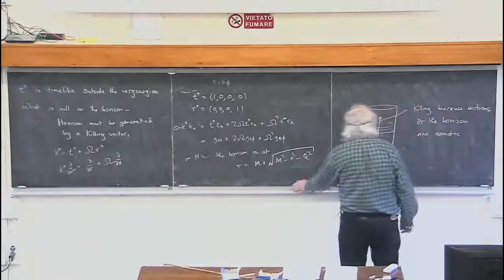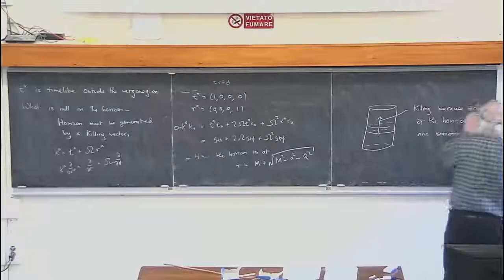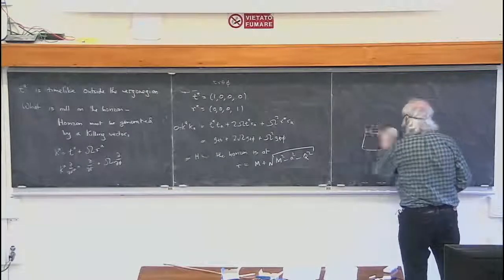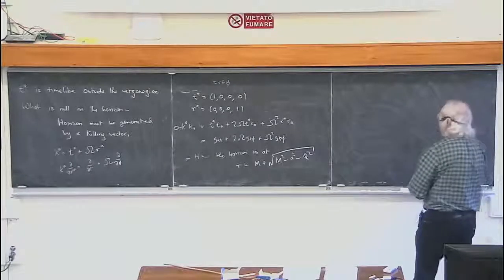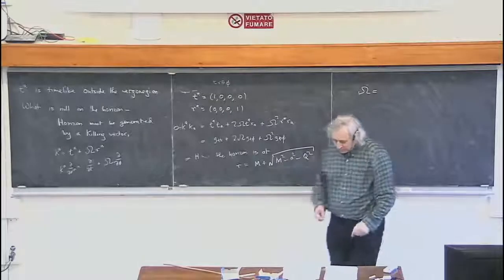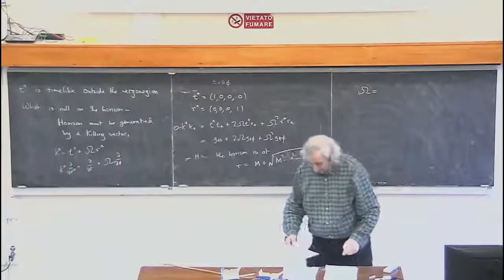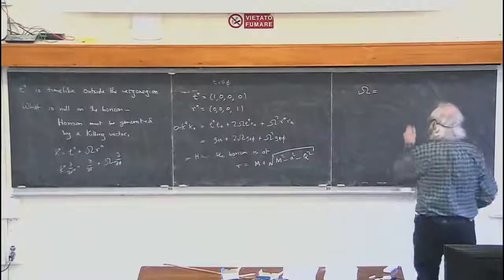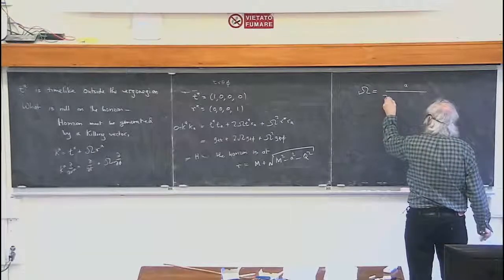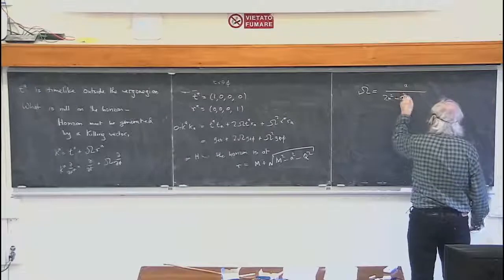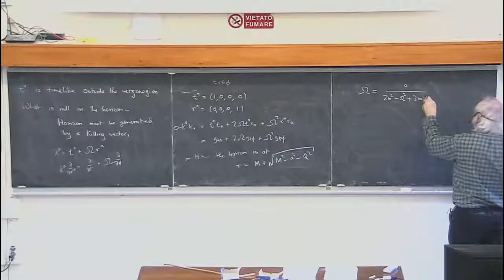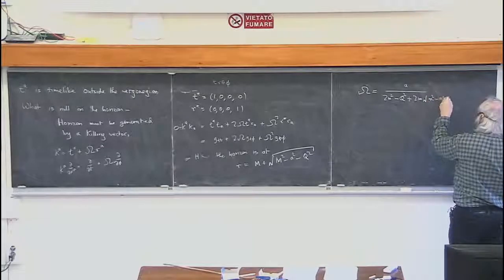So you can work out what omega is. You will discover that an explicit calculation tells you that this is equal to a over 2m squared minus q squared plus 2m times the square root of m squared minus a squared minus q squared.